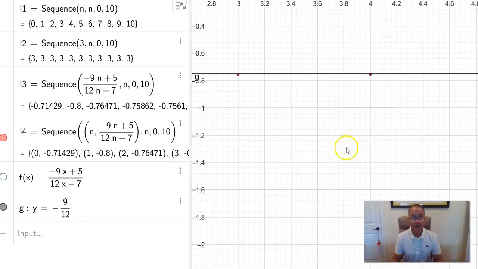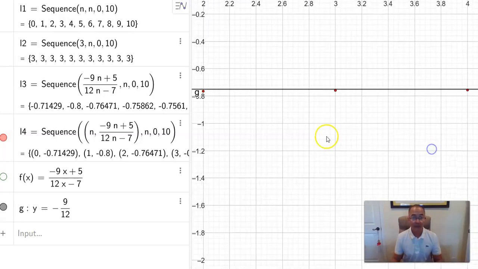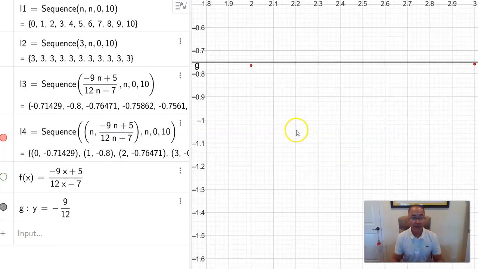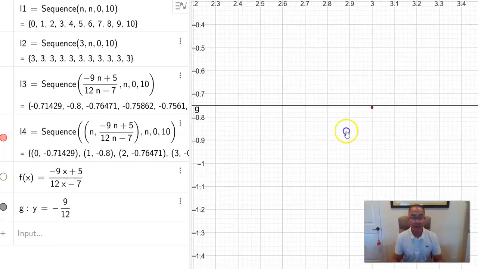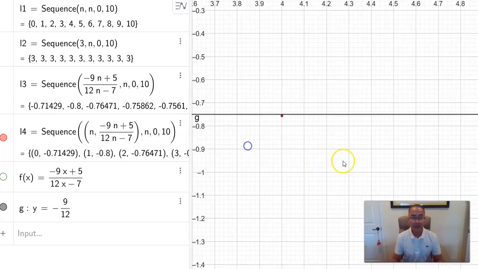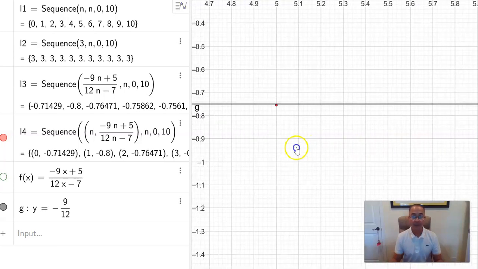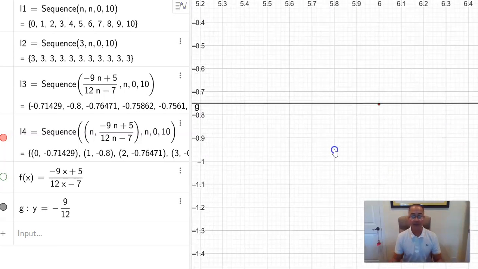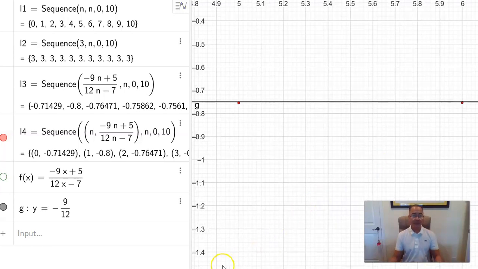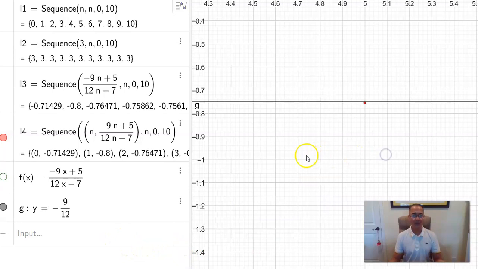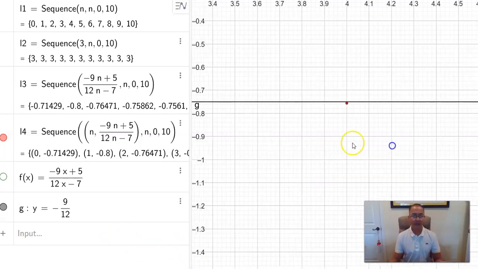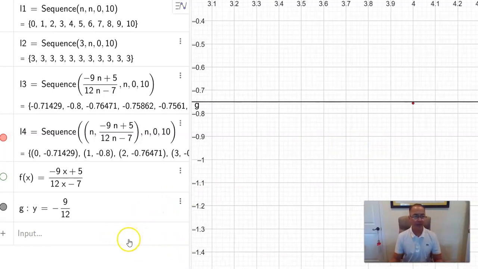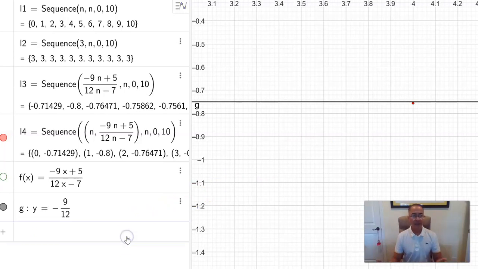If we zoom in, you can definitely see some separation between the points and the line. But the points are very, very close to that line. The definition of the limit talks about epsilon and N, so let's talk about that for just a couple of minutes. Let's make epsilon 0.1.